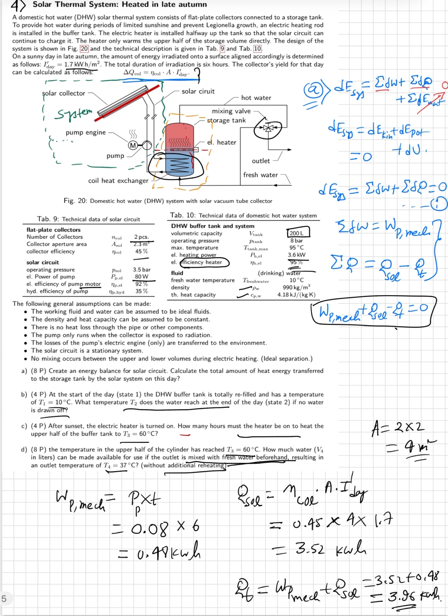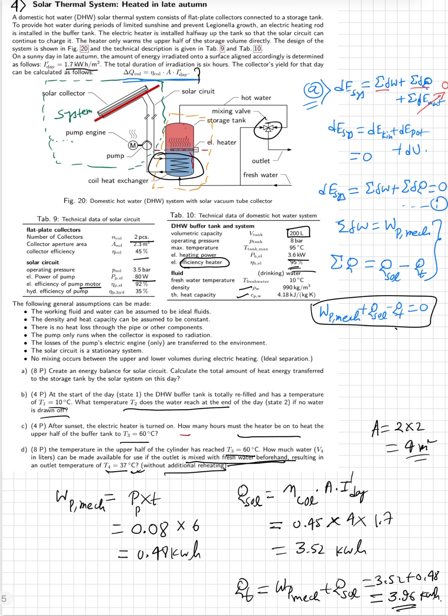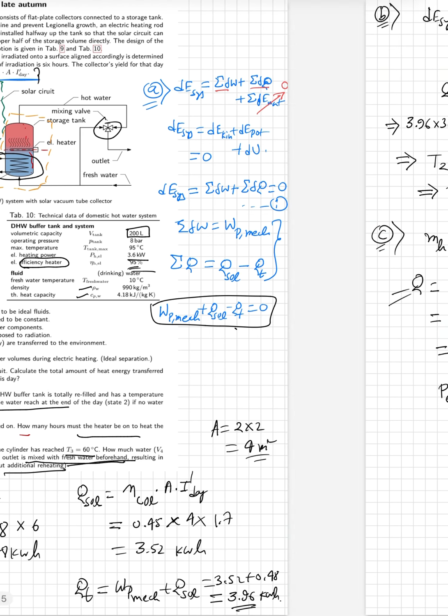So we have the mass of the hot water, and the temperature difference is now T3 minus T4, and the cool water is the mass of the cool water, and T4 is mentioned as 37, so T4 minus T1.